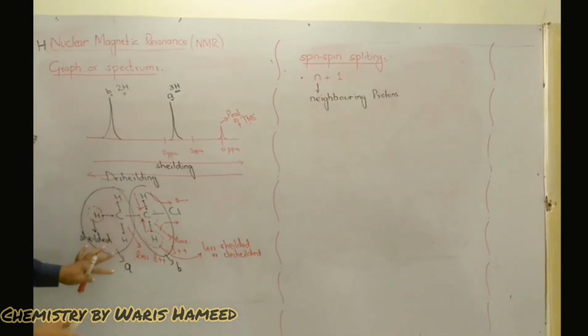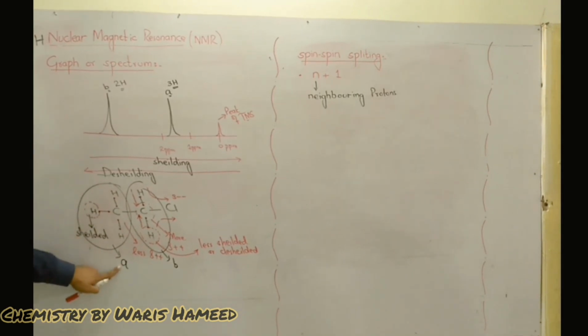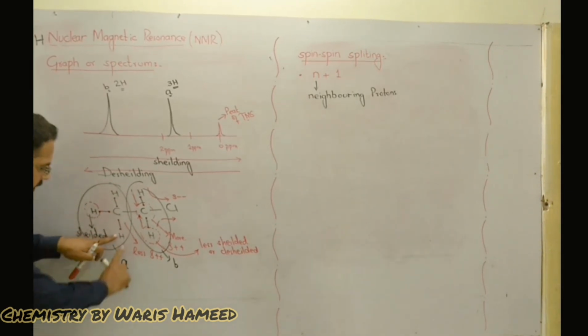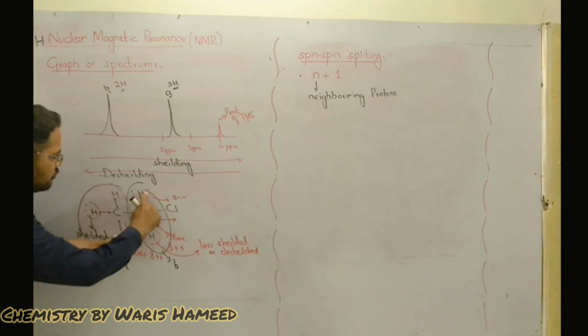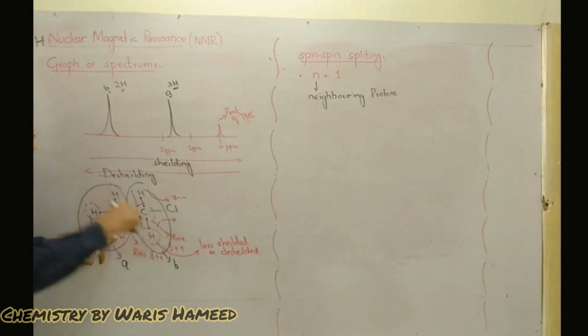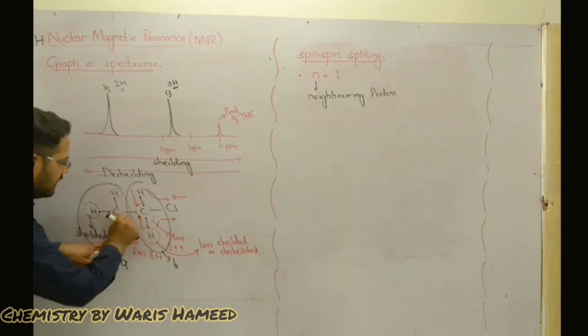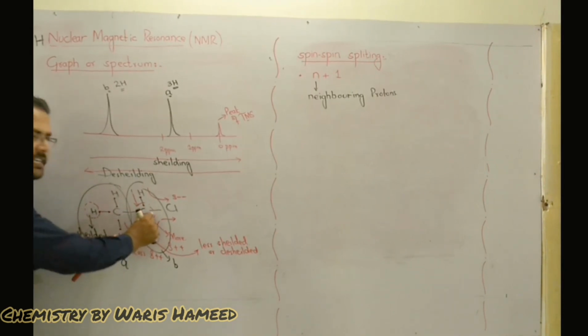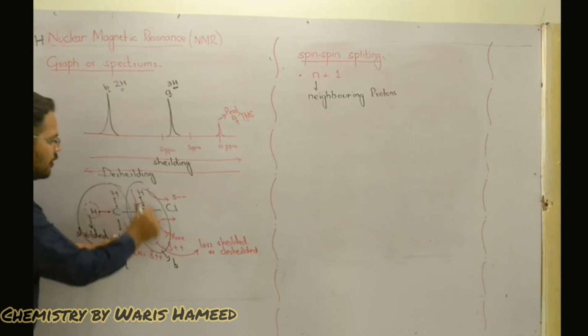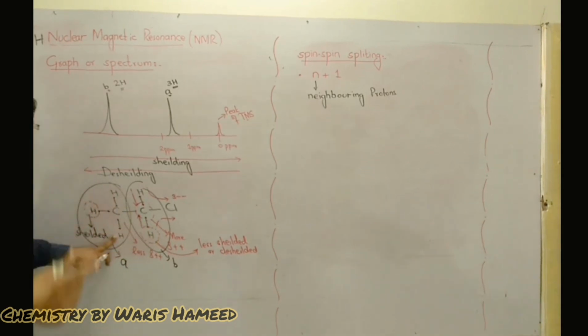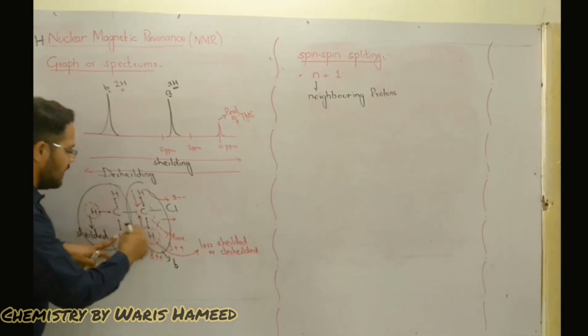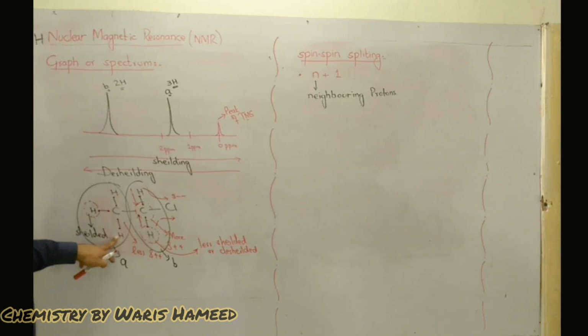In this case, for A proton, it has other protons in its neighbor. It is a carbon attached to this adjacent carbon, and here are 2 protons. So these 2 protons are neighbors.